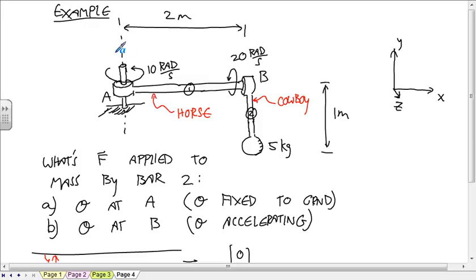Why doesn't the fact that it's rotating affect that? Well, it has to do with the type of rotation. If it wasn't rotating, its axis here, this axle, is pointing in the plus y direction.